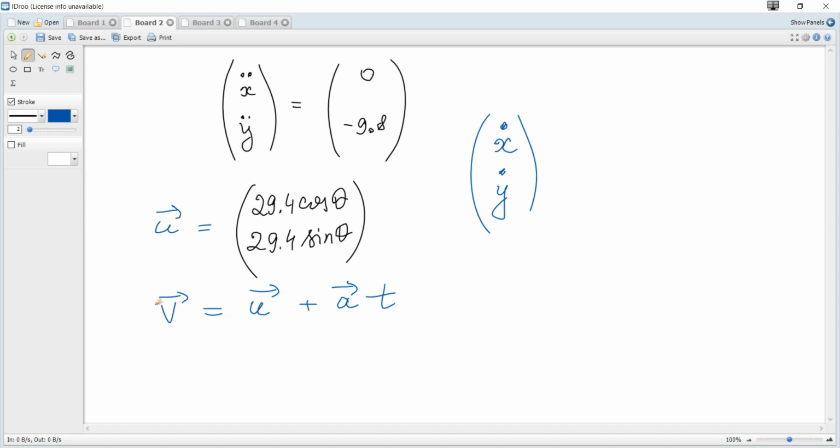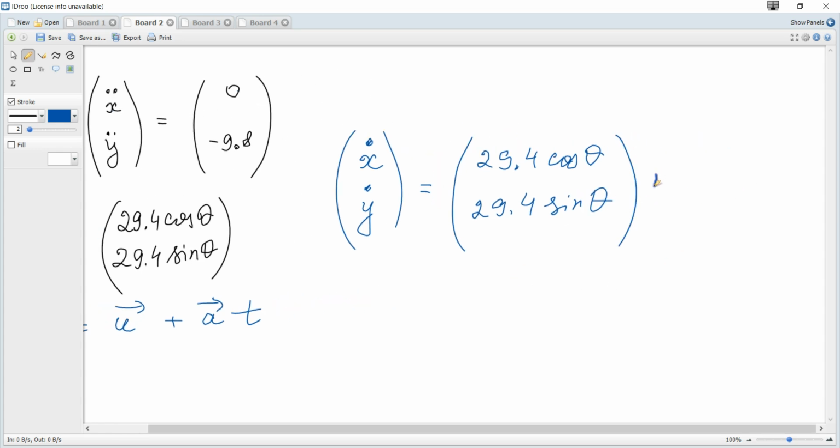Or just applying the formula for projectiles with constant acceleration, it becomes the initial velocity vector plus time multiplied by the acceleration vector.